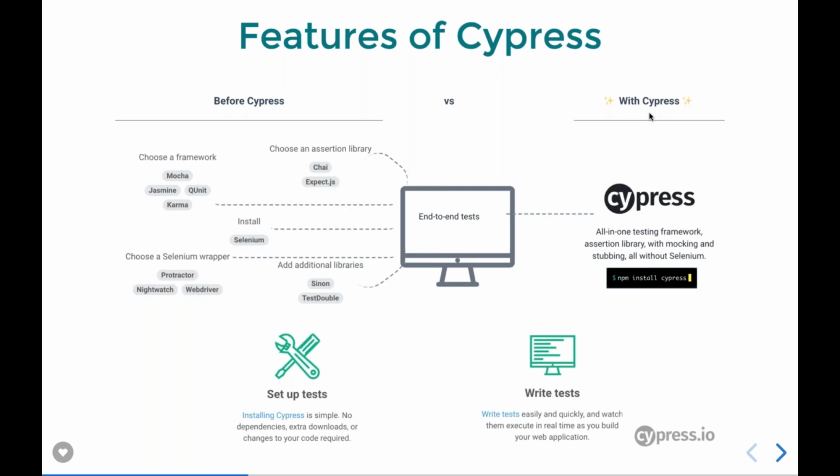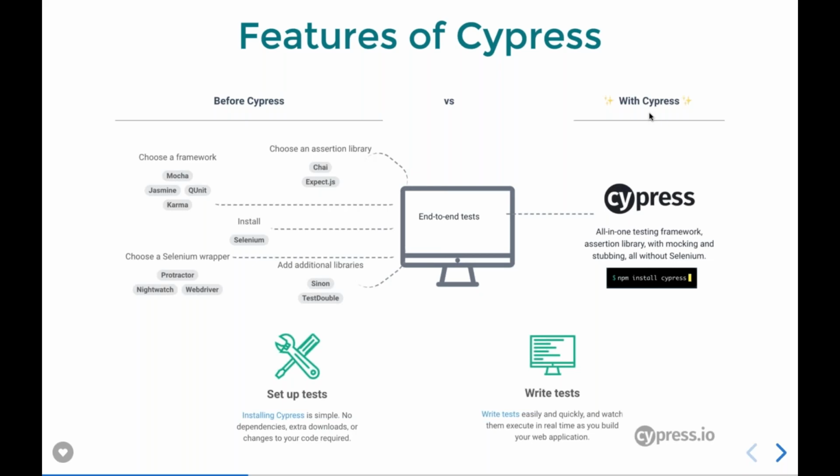Having said this, the setup of this particular framework is absolutely easy. You will see during the demo how easy it is to set up. The way that we can set up this framework is using one single command, that is npm install cypress. With this command, we will be able to install the Cypress framework directly. One thing we need to know is Cypress uses JavaScript.